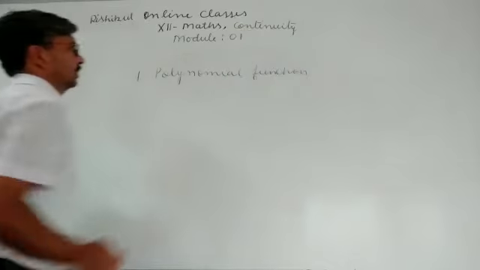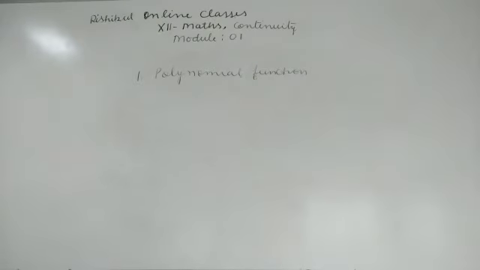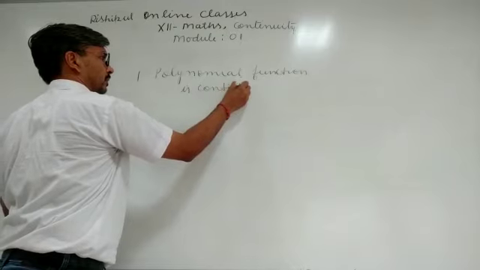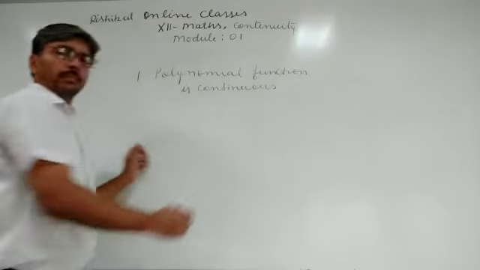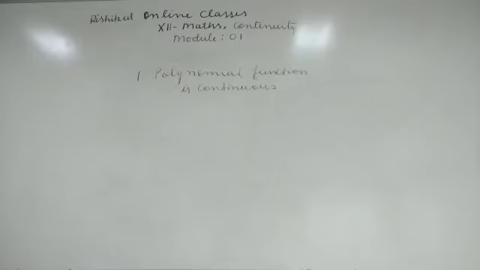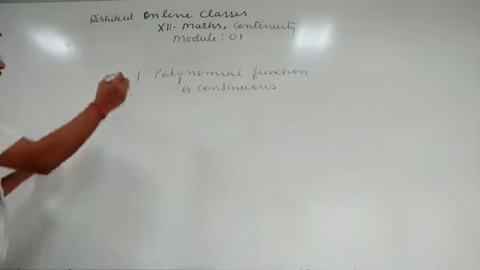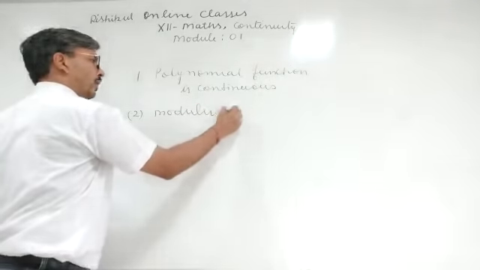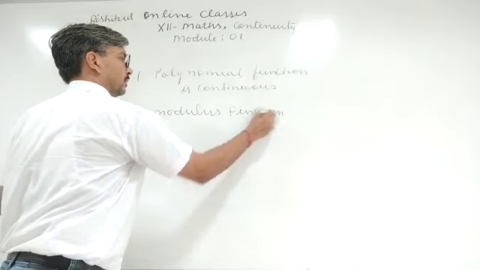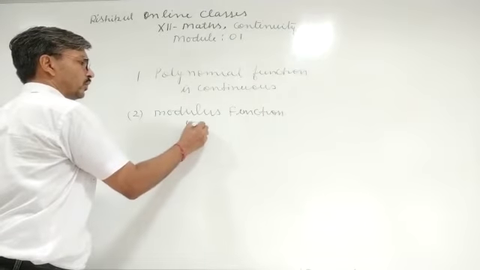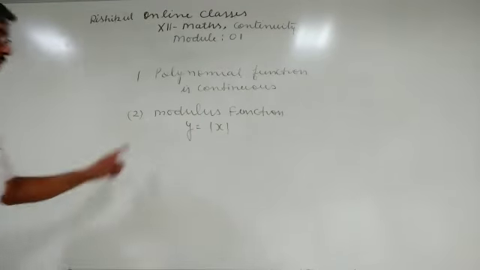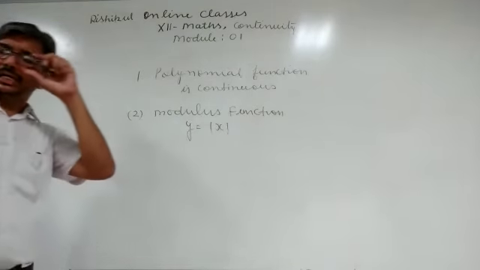The polynomial function is continuous always, everywhere. Second is the modulus function, like this, y equal to modulus x, is continuous everywhere. The modulus function is continuous everywhere.